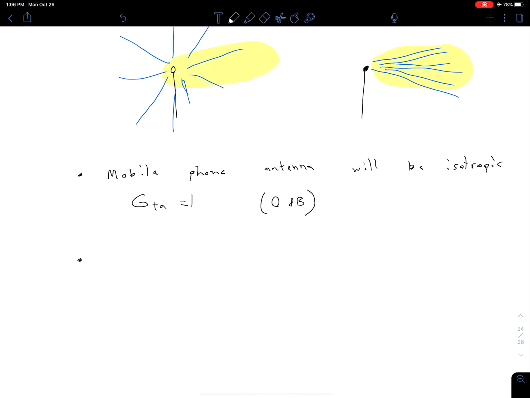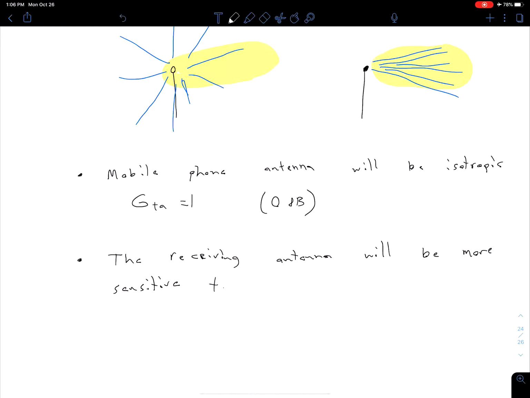Now, our receiving antenna is going to have some gain. The reason it's going to have gain is it's going to be more sensitive to signals coming from right below the horizon. Of course, that makes sense because not many people are going to be using their cell phones when they're above an antenna that's mounted on a tower.